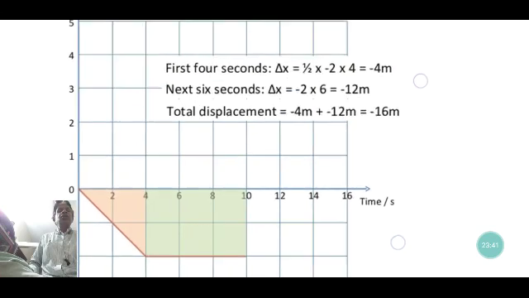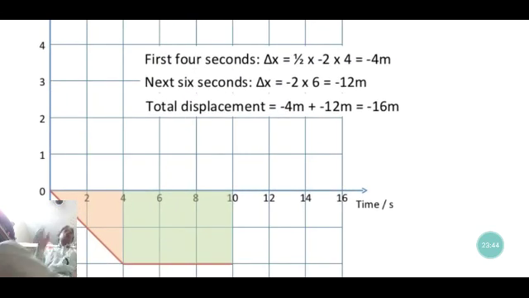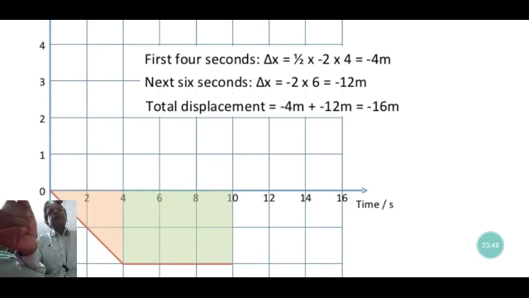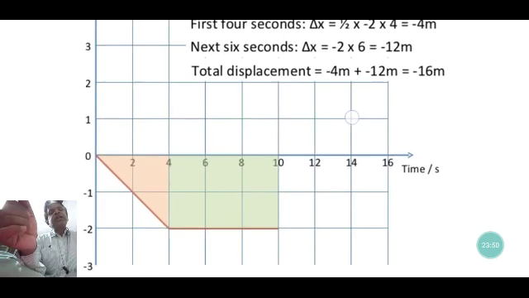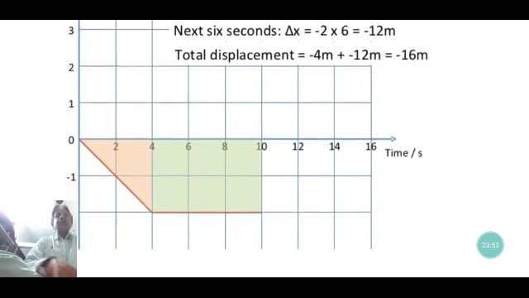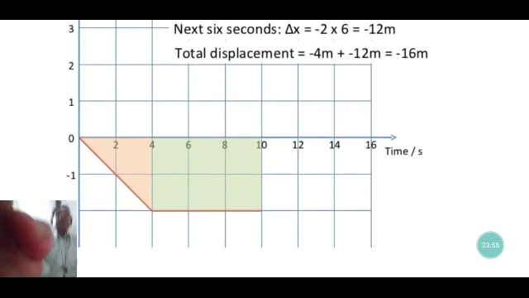Now, we know that distance is always positive, but displacement may be 0 or negative. Here, the displacement is calculated in negative form. Look here. Here is the velocity-time graph, but the object is in the opposite direction.